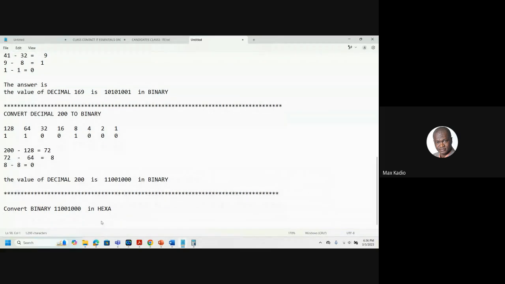You take the number, it should be 8 digits. If not 8, you add zeros yourself. We always start from right to left. So 1, 2, 3, 4. You stop there, and you cut in 2.